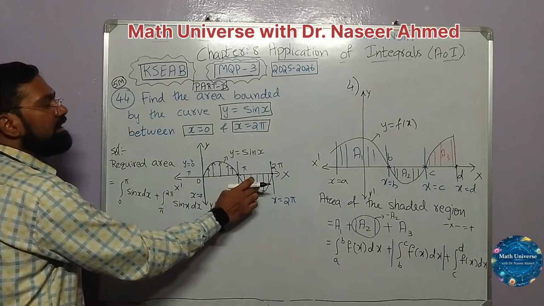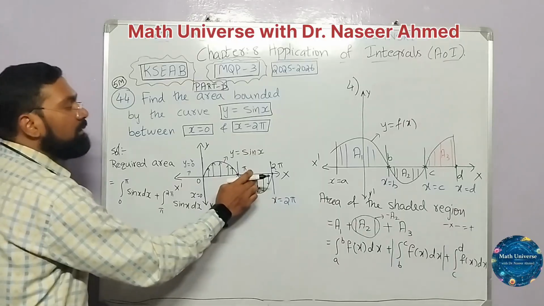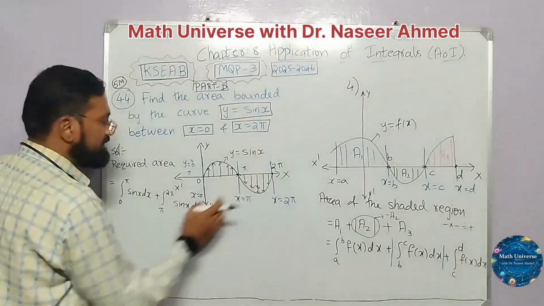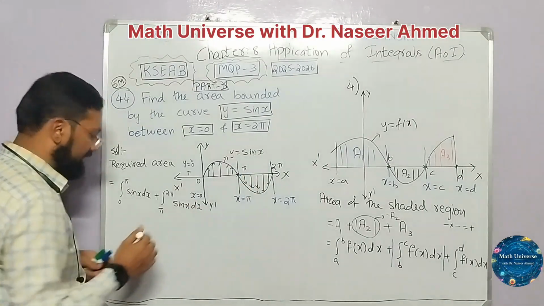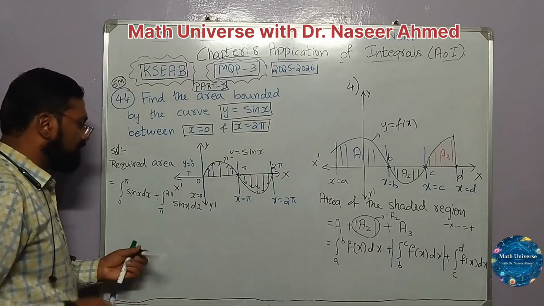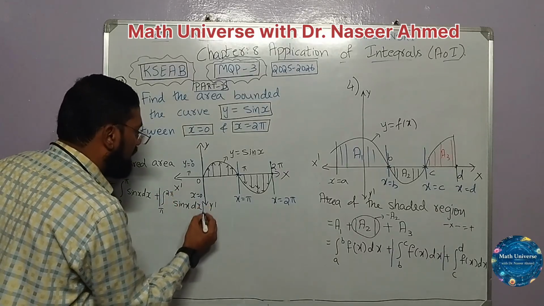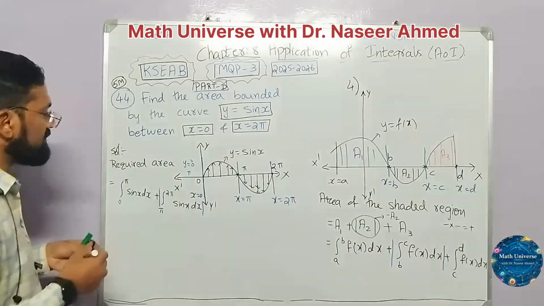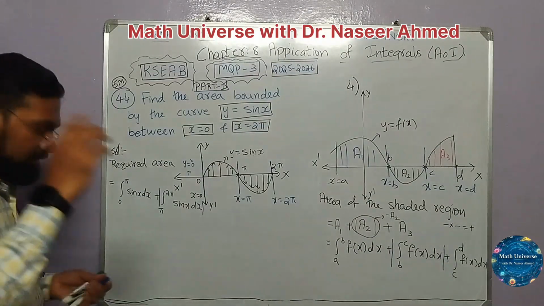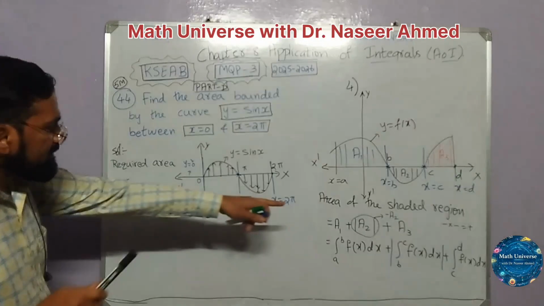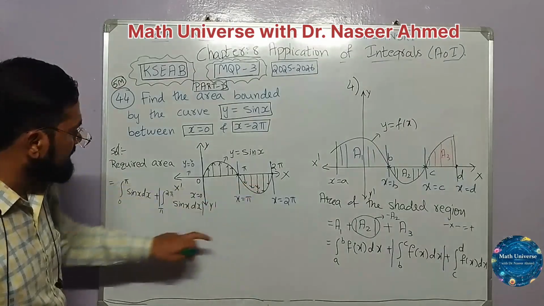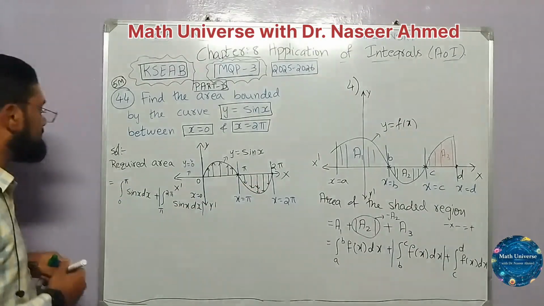And this particular area lies below the x-axis and is represented by the second integral here. So I will be taking what? Modulus. I will give the modulus in this blue color. As per this concept, since this is below the x-axis, this should surely be negative. Let us see that.